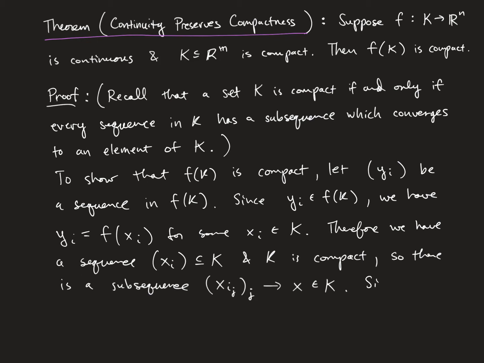So since f is continuous, we have f of x sub i sub j, that sequence, as indexed by j, must be converging to f of x.